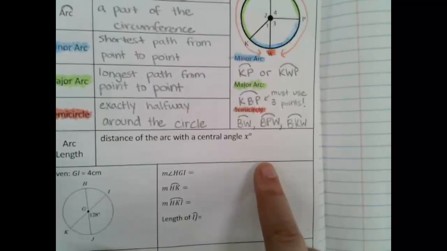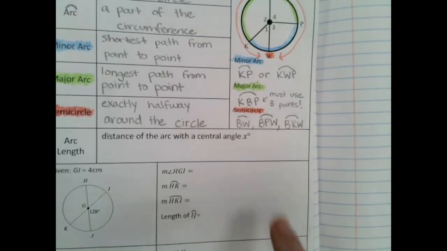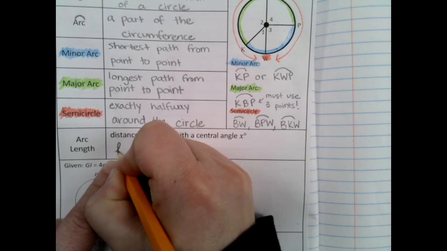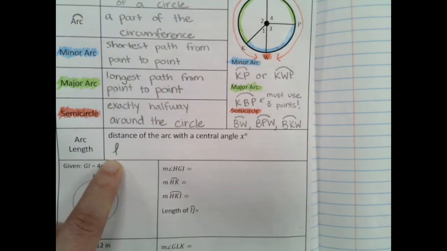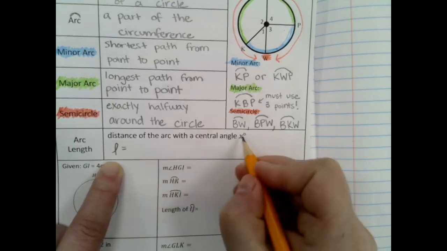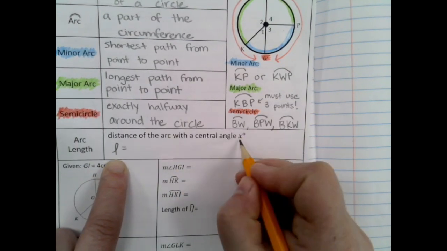Now this time, we're going to do the same idea. We're going to do pi times diameter, or 2 pi r, but we're not going the whole way. We're only going part of the way. So we use this cursive L for length. I don't know why. It's just what we do in math. A little loop-de-loop. Now I only want the x degrees.